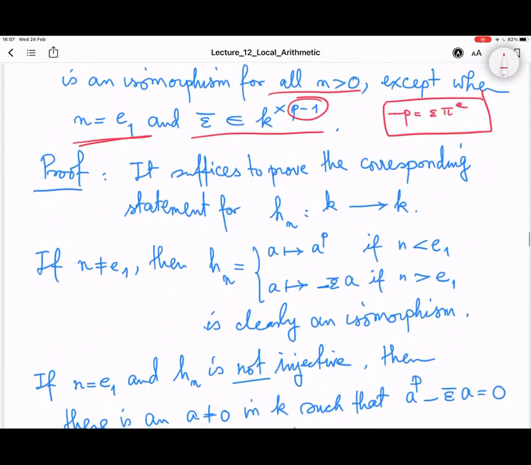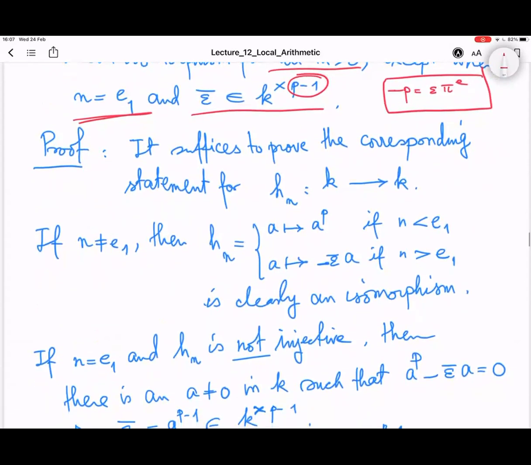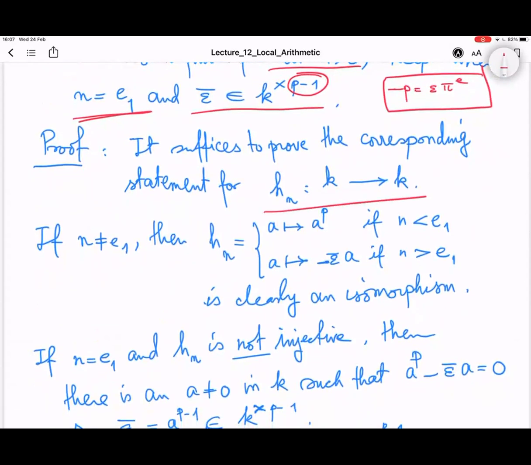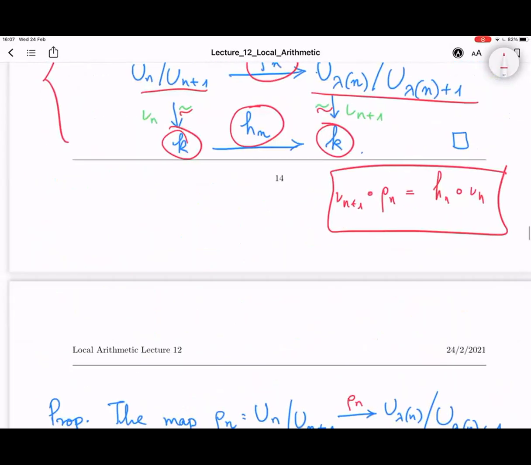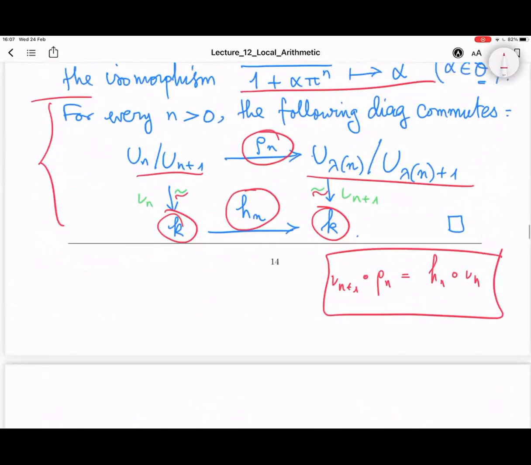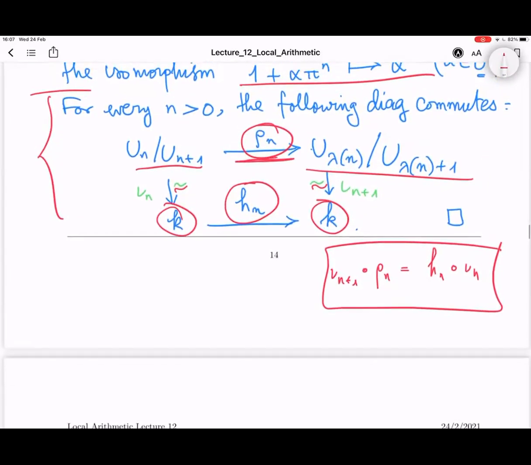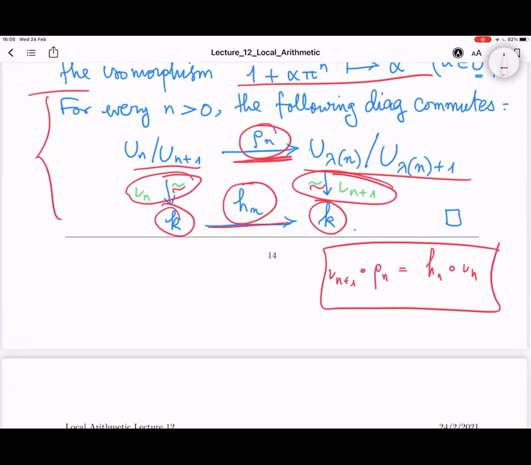Okay, so in order to prove this, we just need to prove the corresponding statement for Hn. Because we want to prove something about this map rho n, but on the left we have a bijection iota n, on the right also we have a bijection iota n plus 1, and the diagram commutes when I put Hn here.